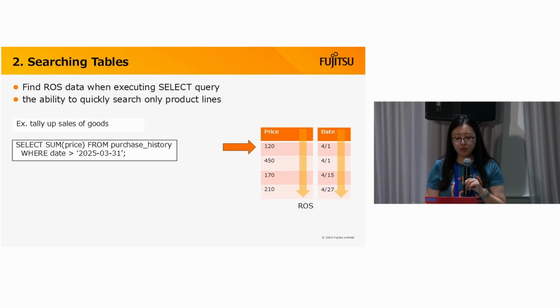When a new row is added to the purchase history table, the tuple ID, TID, of the new tuple is stored in write-optimized storage, or WOS. There are no changes to ROS at this time.